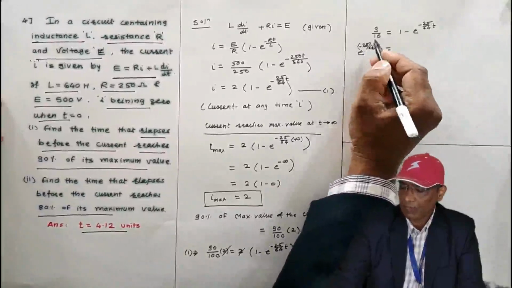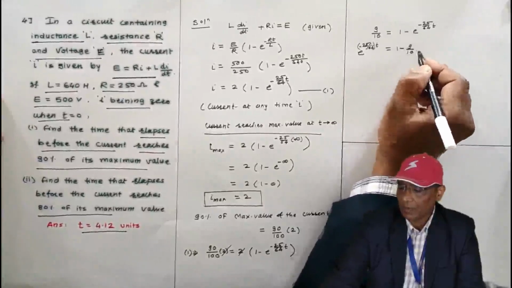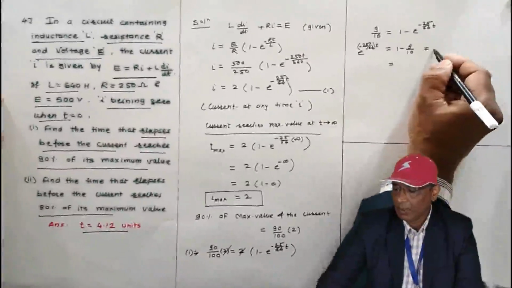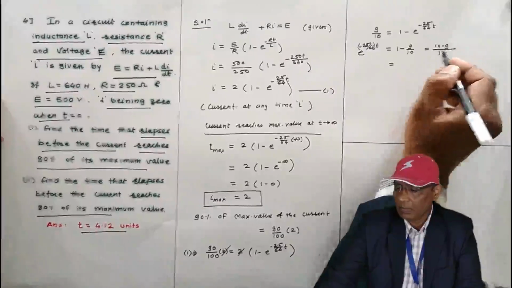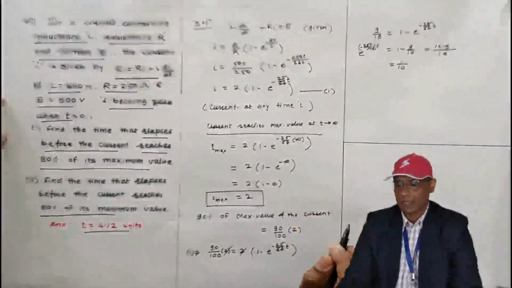This term I have shifted to the left hand side, and the 9 by 10 I am shifting to the right hand side. Here 10 is the LCM. 10 into 1 is 10, so it is 1 by 10. Left hand side is as it is.